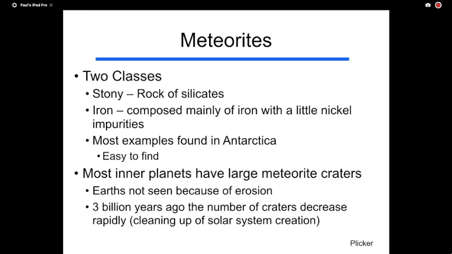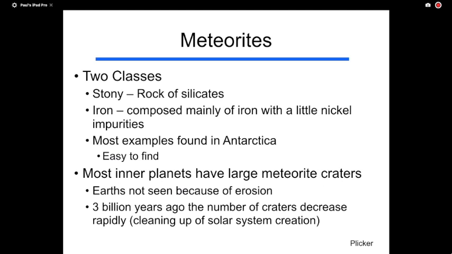Now, most of the inner planets have been hit with lots and lots of meteors, okay? But we don't see that. If you actually look in the night sky, you do see the moon. And on the surface of the moon, what do you see lots of? Lots of craters. The moon is so close to us that the Earth also got hit with that many meteors. Okay?